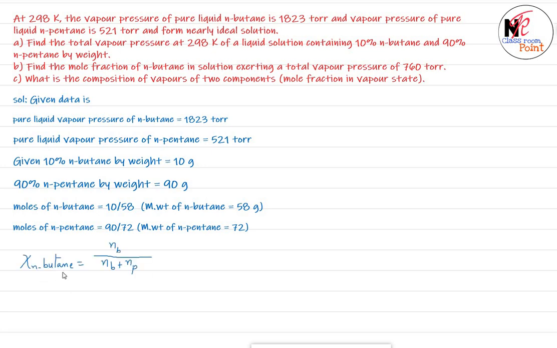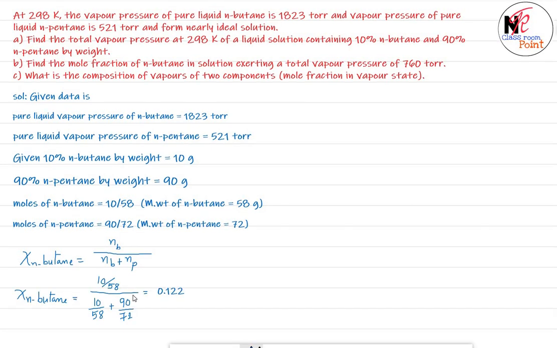So mole fraction of N-butane equals number of moles of butane divided by number of moles of butane plus number of moles of pentane. The moles of butane and pentane are already there. Let us substitute these two values in this formula. These values I have substituted here.